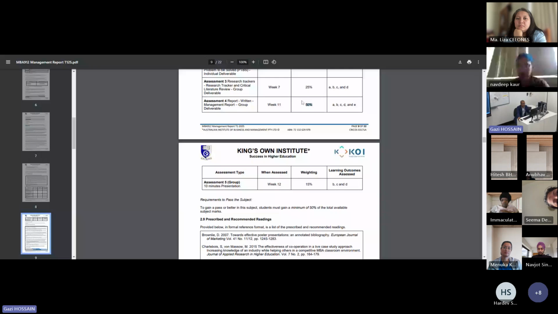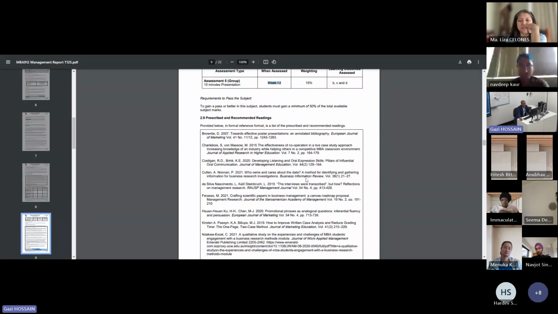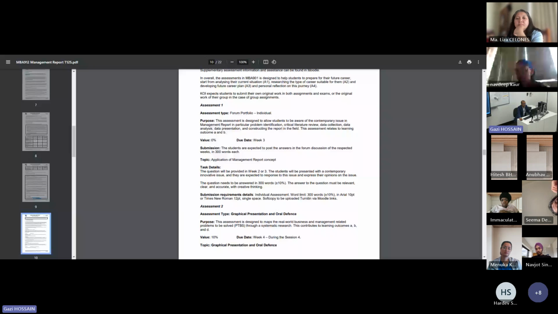It's a heavy assignment, and again it's group work. Based on the group management report, you need to have a presentation on week 12. This presentation is pretty much based on our assessment 4, the management report.